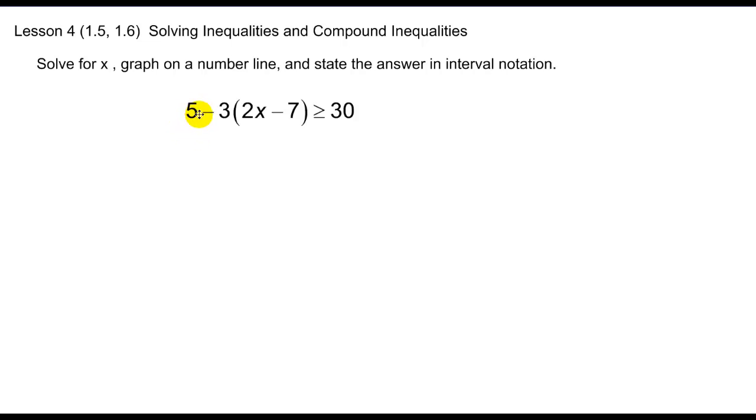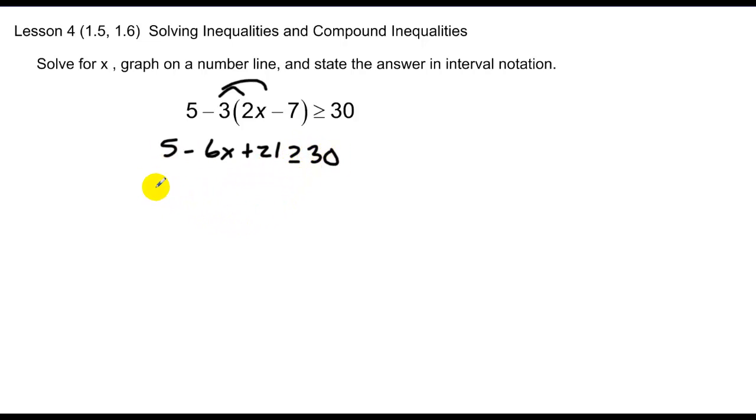So in this example, the first thing we'd want to do is distribute this 3, just like we would in any other problem. So we have 5 minus 6x plus 21 greater than or equal to 30.